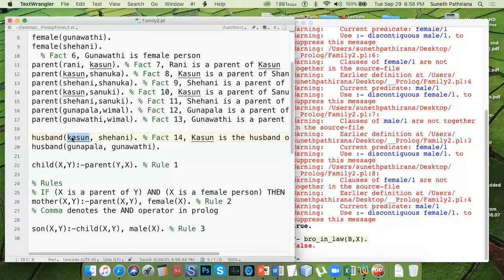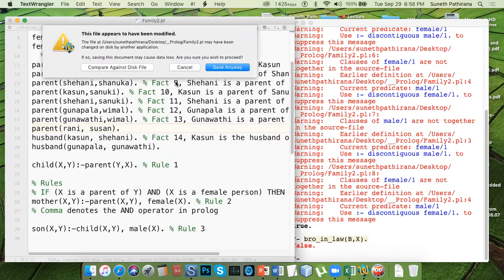That means Kasun's parents must have another male child, another son. Rani has another son called Susan.